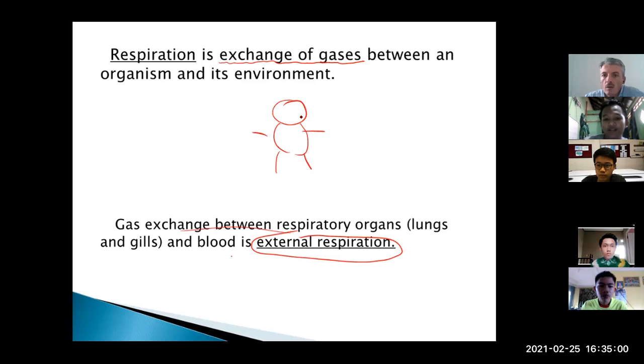Oxygen coming into the lung, to the blood, CO2 going out. This is external respiration. According to the book, internal respiration is the one inside the cells. What's happening? Breaking down sugar into carbon dioxide, water, and energy.